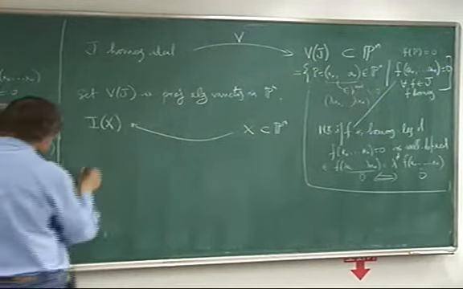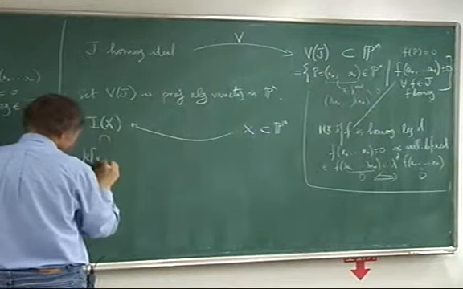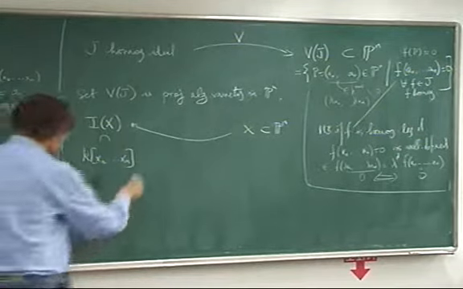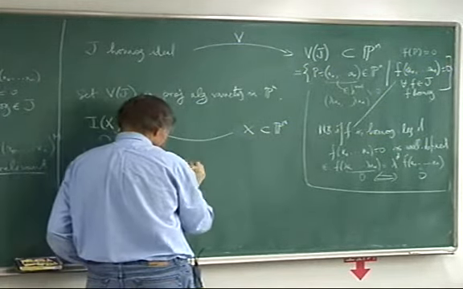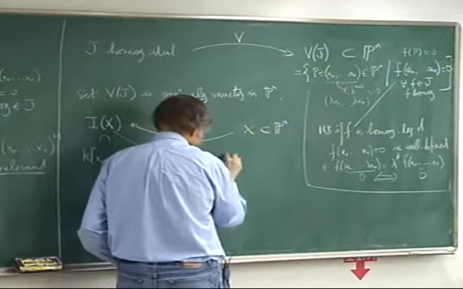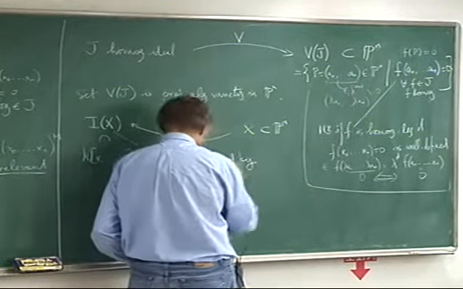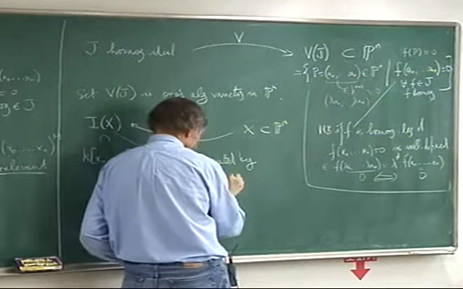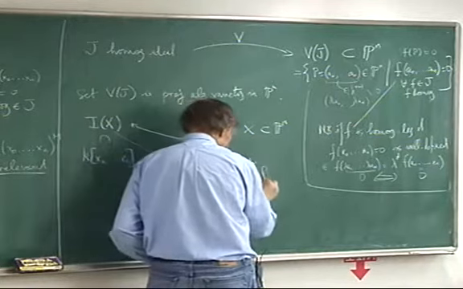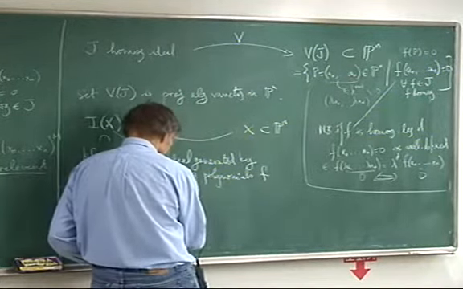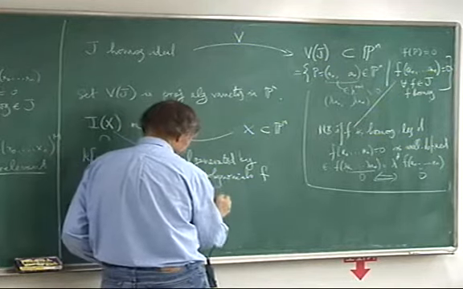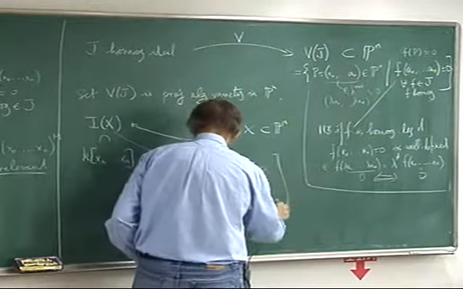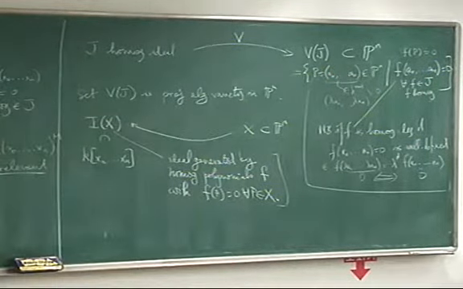So who's I of X? This I of X is the ideal generated by homogeneous polynomials f with f at p equals 0 for p in X. Right.